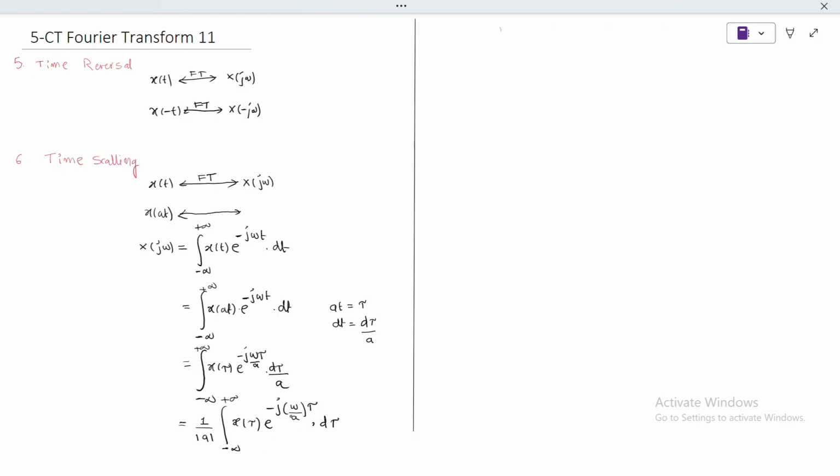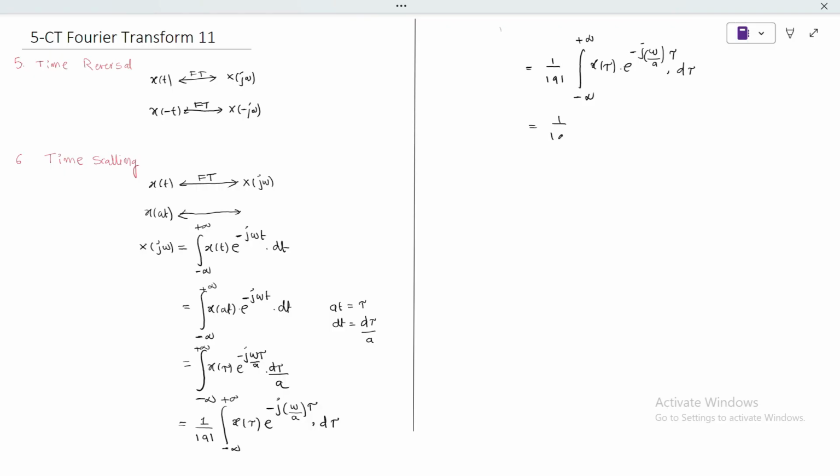This is the constant. So you should write omega by a in place of omega. The corresponding signal is 1 by mod a integral from minus infinity to plus infinity of x of tau into e power minus j omega by a tau into d tau.